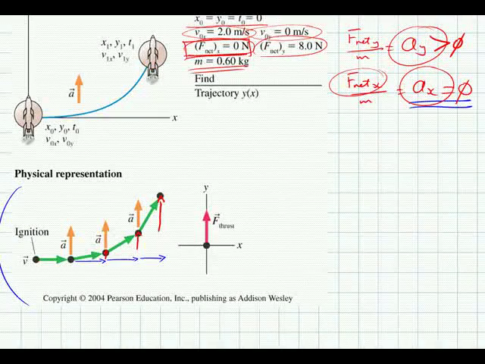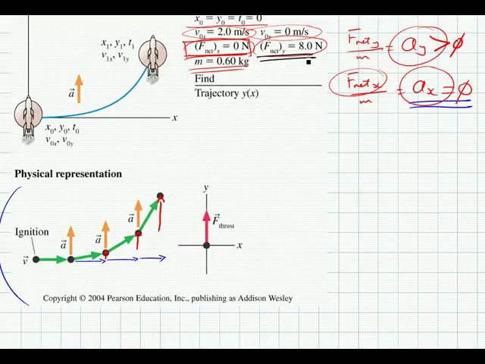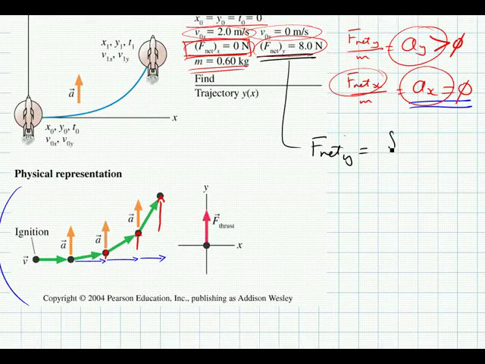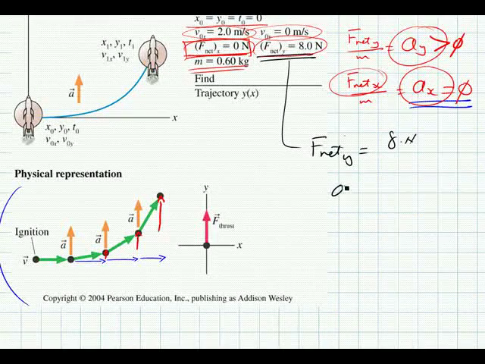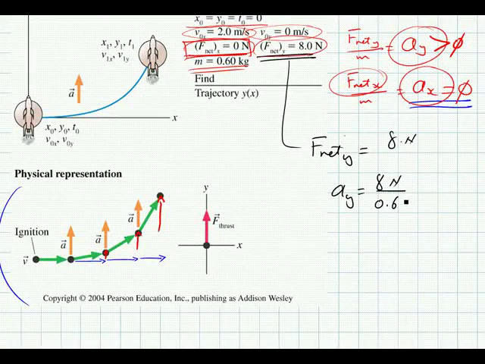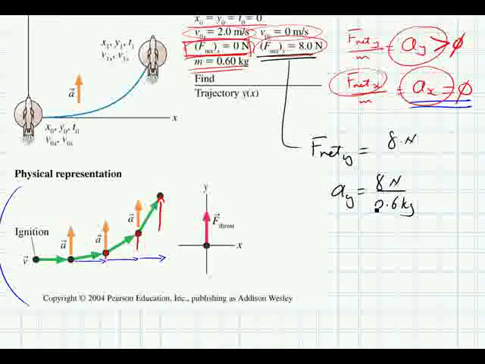Now here the problem spelled out F net in the y direction is equal to, let's say, 8 newtons. So a_y is 8 newtons divided by our mass, which is 0.6 kilograms.